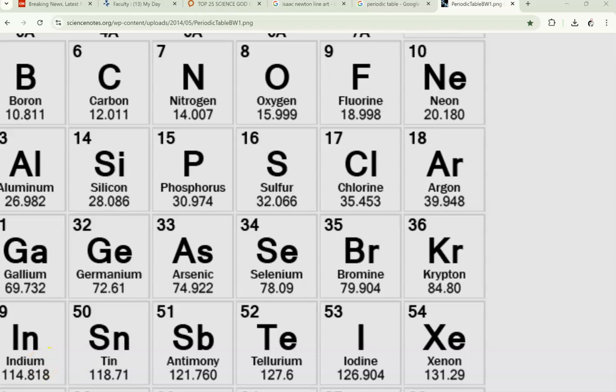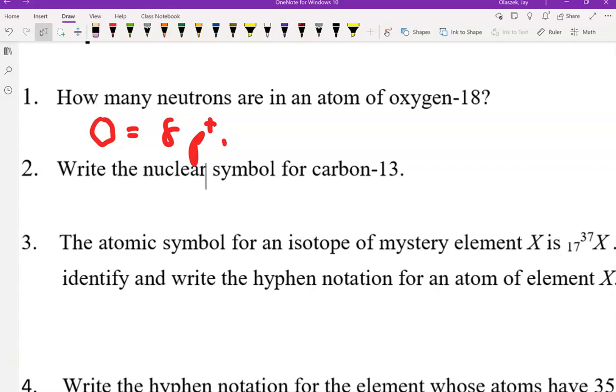Here we see oxygen's atomic number is 8, so we know it has to have 8 protons. This hyphen notation tells us that it has an atomic mass of 18. Well, if the sum of protons and neutrons is 18, and there are 8 protons, by default, it has to have 10 neutrons. And that's how we do that one.